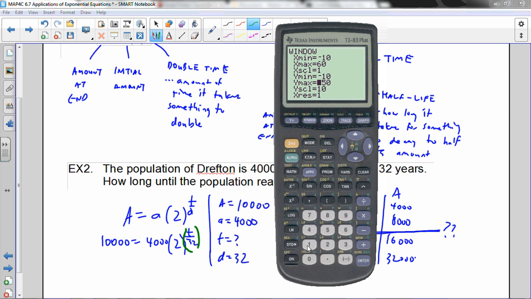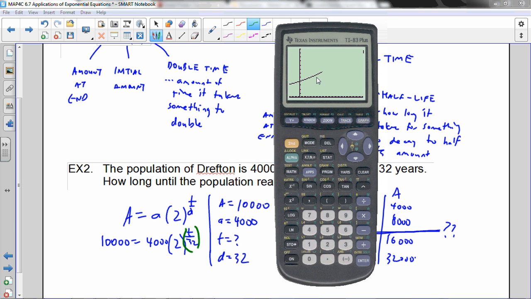So I'm going to put in a number that's higher than 10,000 so I can see where my graph gets crossed. That's 120. There's 12,000. Each tick I'm going to say is worth 1,000. Okay, and then if I press graph, hopefully there's no errors.